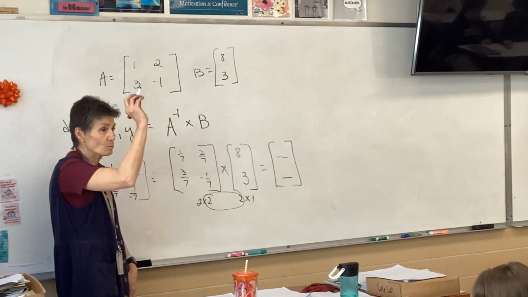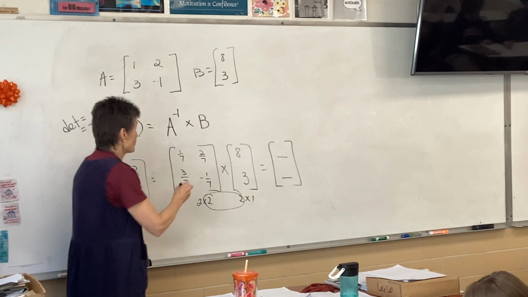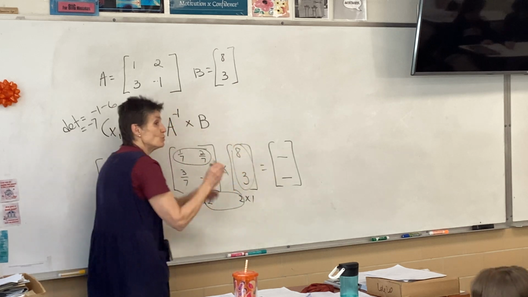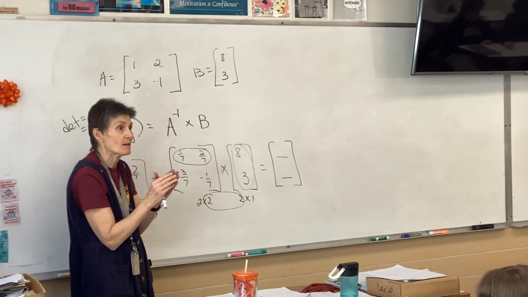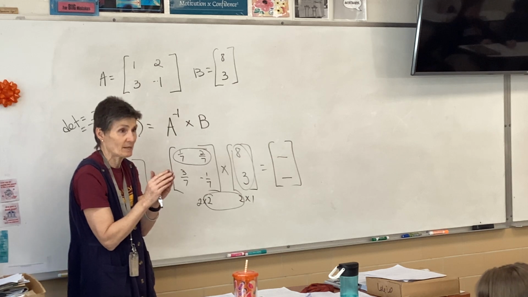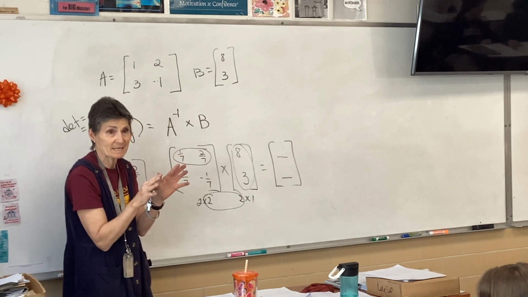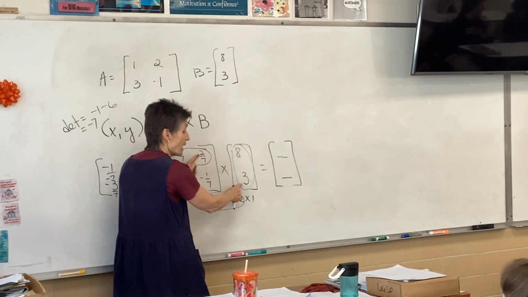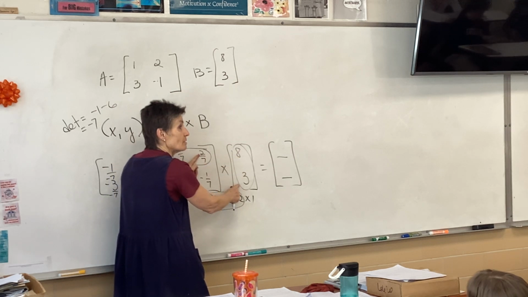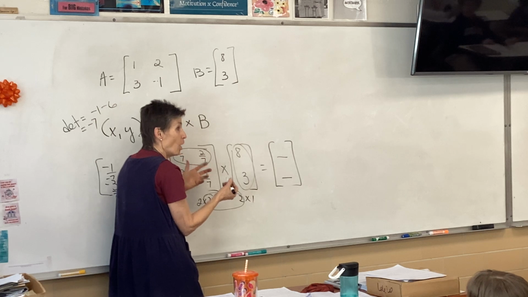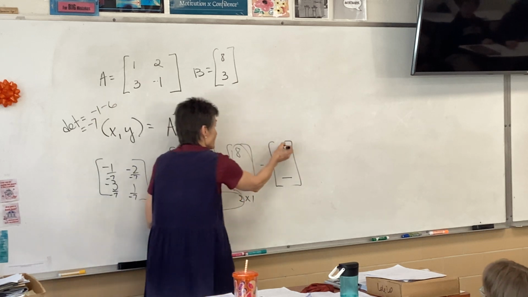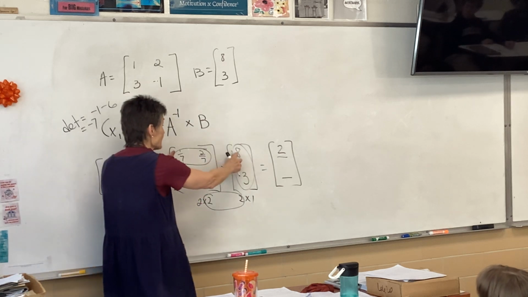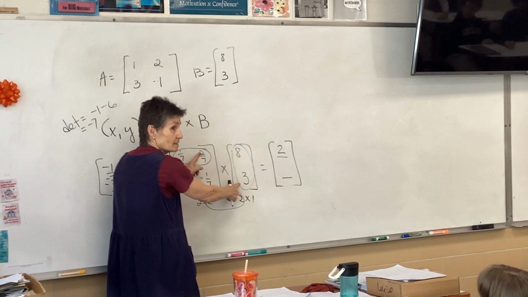So 2 rows, 1 column. Do not let the fraction scare you. There's a common denominator, so you don't even need to worry about it yet. Just do 1 times 8 and 2 times 3. So you get 14 over 7, which is 2, right? So this was 8 and 6.